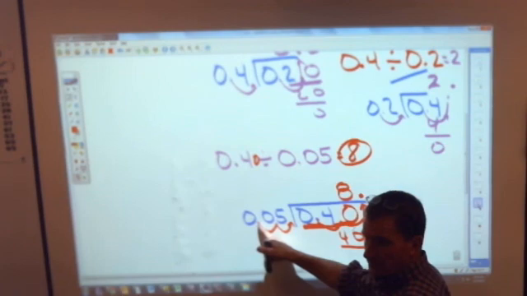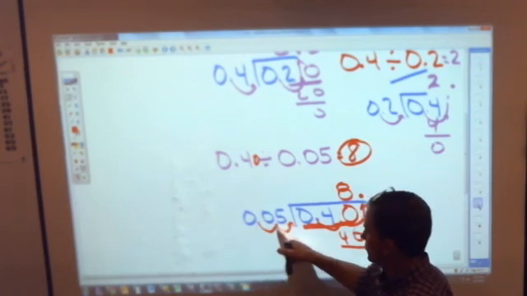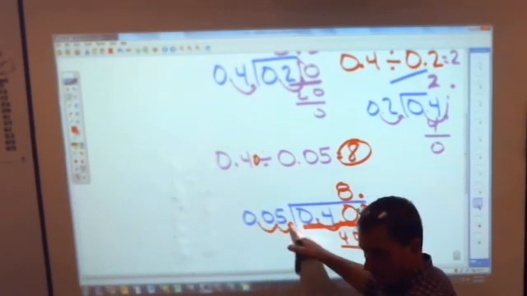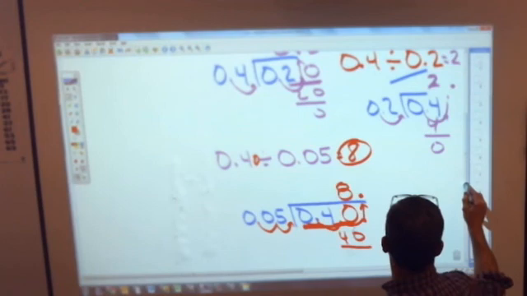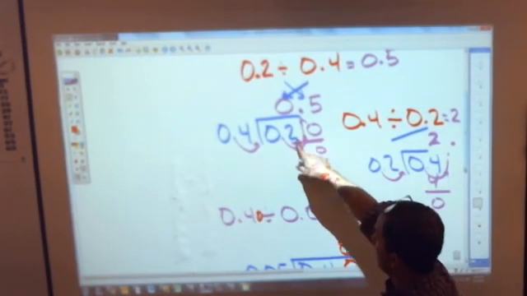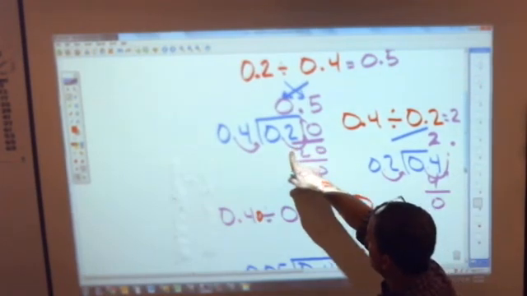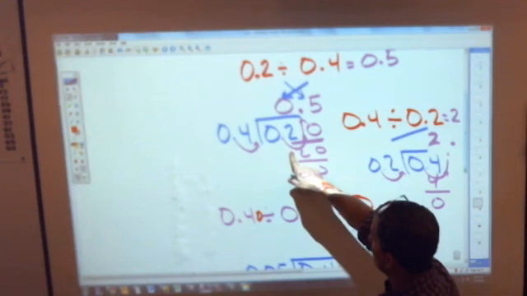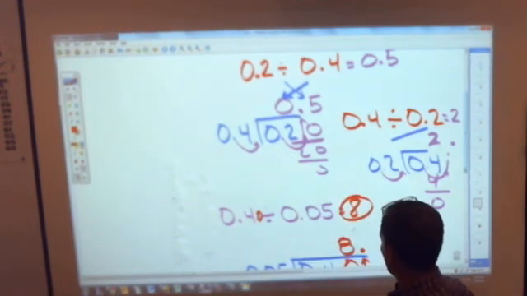Wait. Are you questioning why I moved it 2 places? No. Okay, what's your question? When we did the first one, we got the answer 5, but we added 0.5. And we didn't do that for the next one, we just did 2.